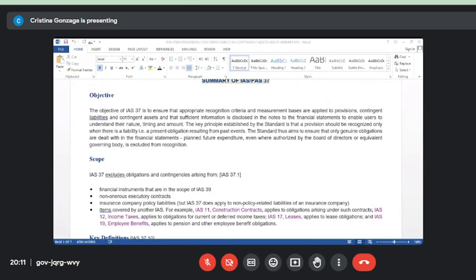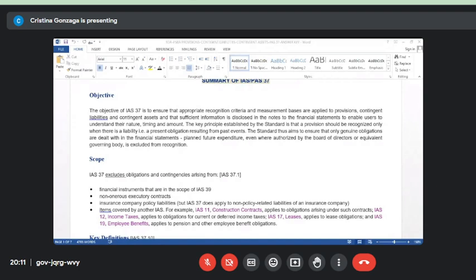Okay. So, but there is, of course, a journal entry in order to accrue because it is both probable and measurable. Measurable ba? Kasi you can estimate reliably.